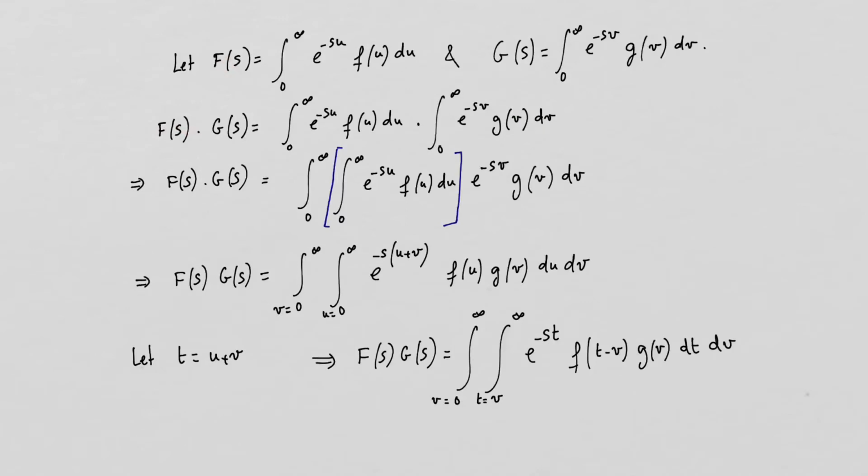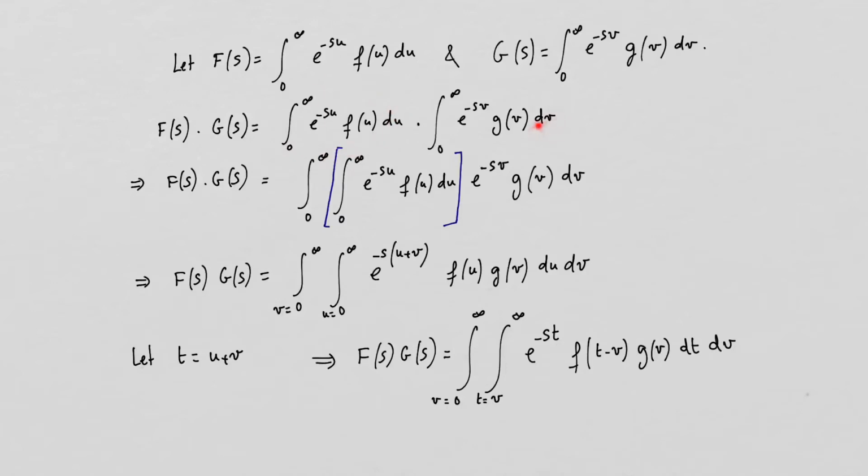So if you multiply F of s by G of s, you're just going to multiply this quantity by that quantity. These are functions, okay? Nothing to it, this is like 3rd grade. Now, if you look here, this depends on v. So as far as v is concerned, this is a constant.